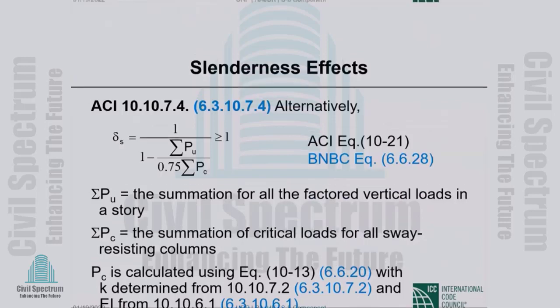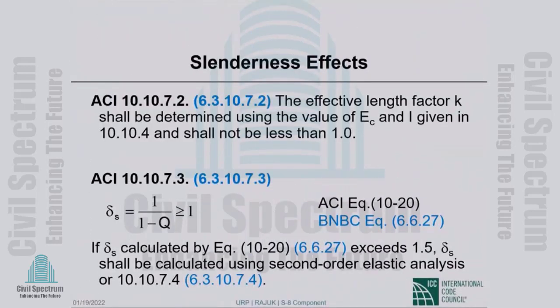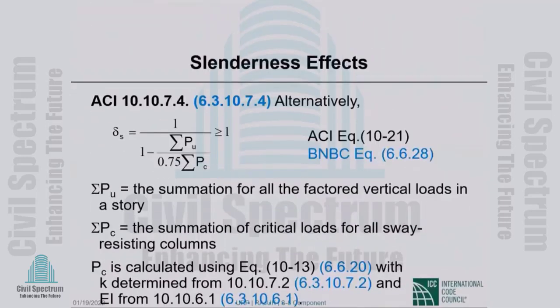Okay, so this was for a single column, if you like. Alternatively, you can take a whole story. Delta sub s is 1 divided by 1 minus the summation of P sub u on all the columns in the story, divided by 0.75 times the summation of the critical loads of all the columns in the story.